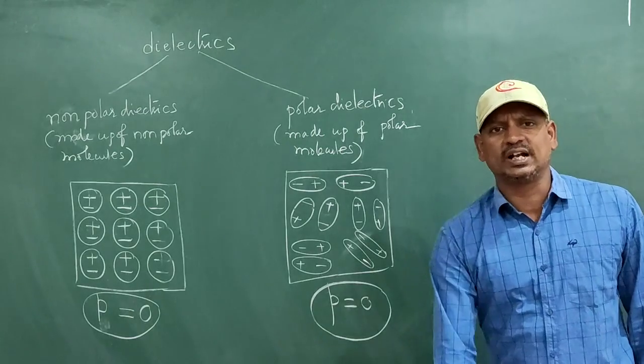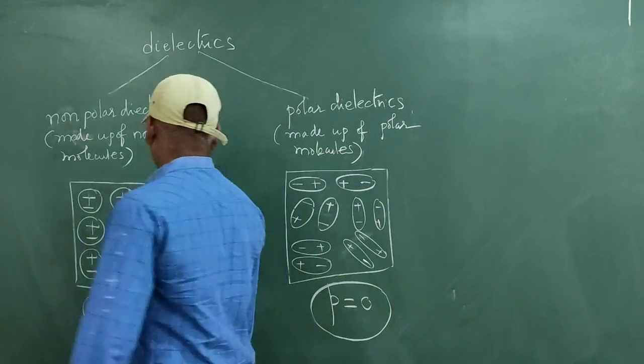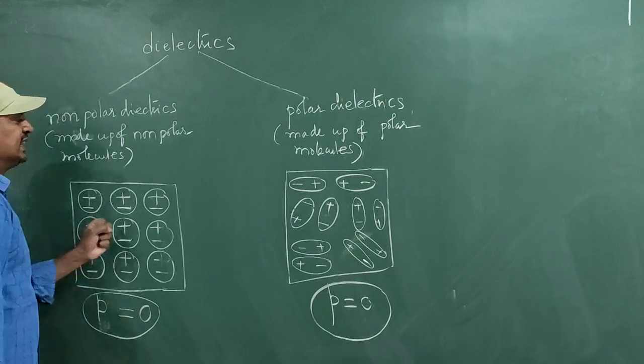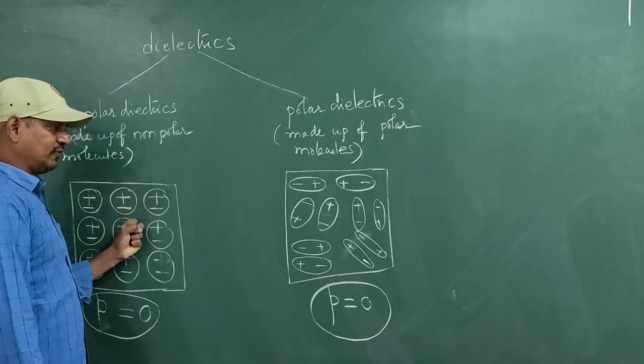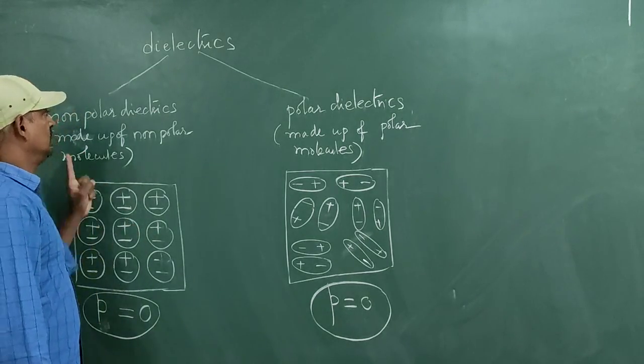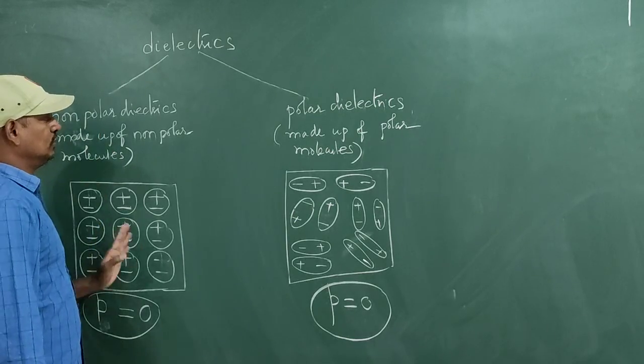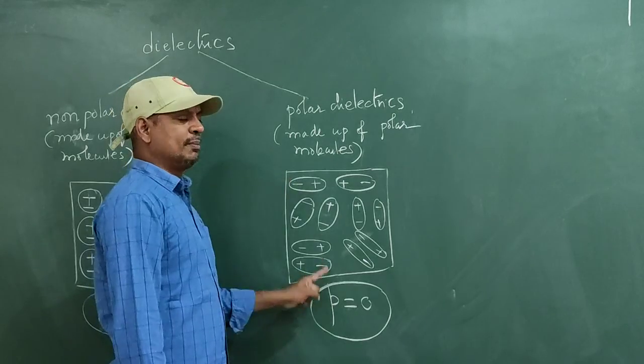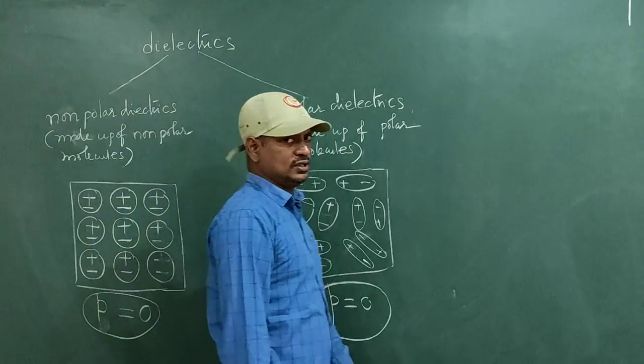Is there any external electric field? There is no external electric field. We did not apply any external field. So in the absence of external electric field, the dipole moment of the non-polar dielectric is 0, and the dipole moment of the polar dielectric slab is 0.